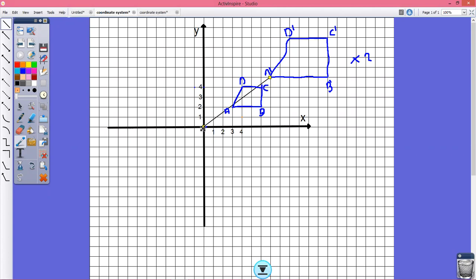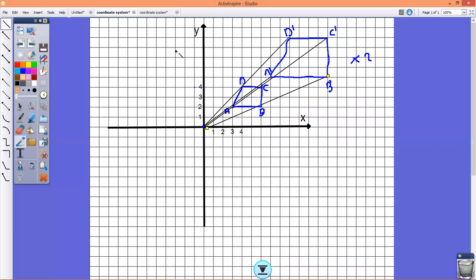Now it will be like this one, the other from here. Now, do you see? D touches D bar and C touches C bar with respect to the center of the enlargement. Now, it will be in this form.